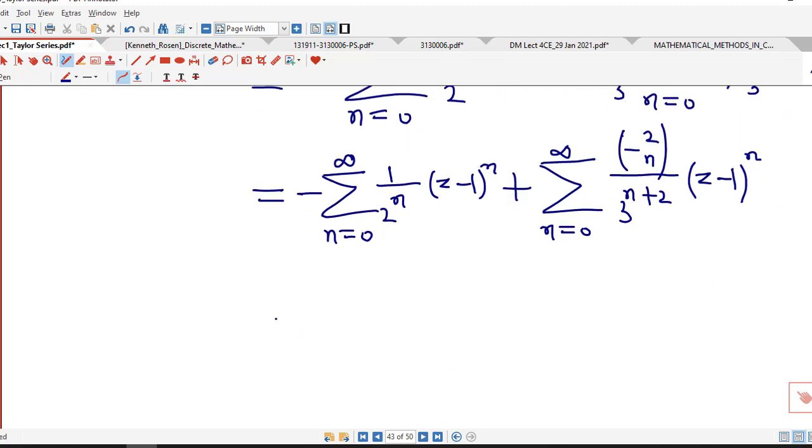So now we can combine these two summations because their index is the same, sigma n equal to 0 to infinity.